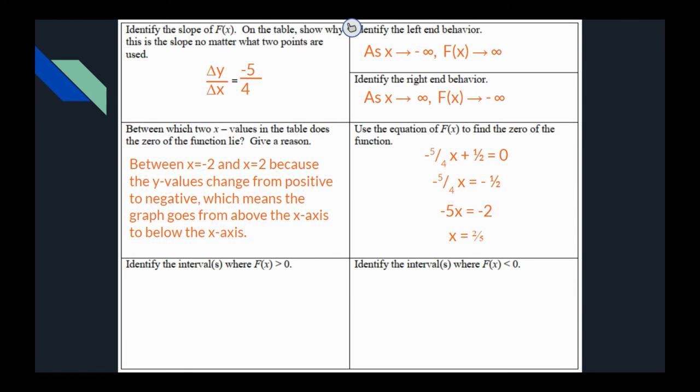Okay, is that x value between -2 and +2? Does it look like it's about 2/5 on the graph we drew earlier? Yeah, always double check yourself.